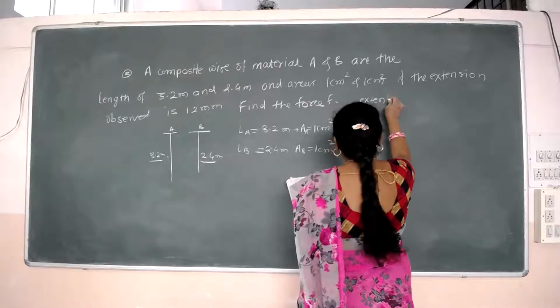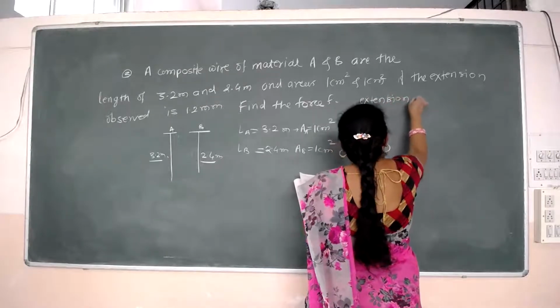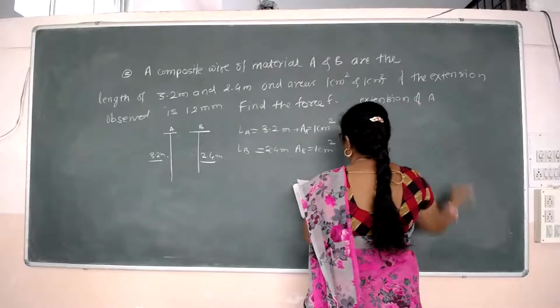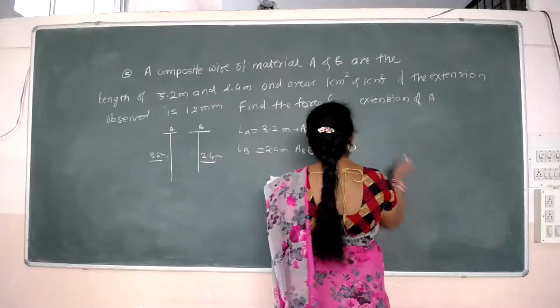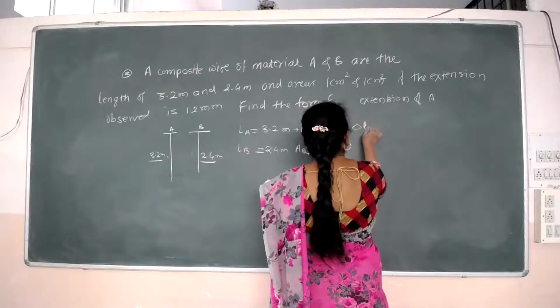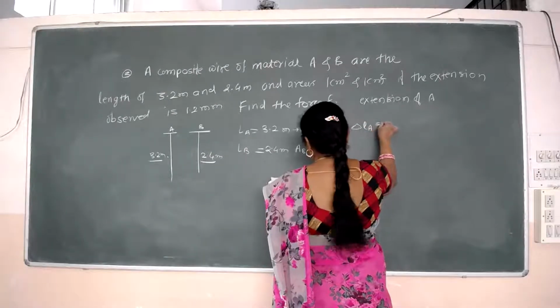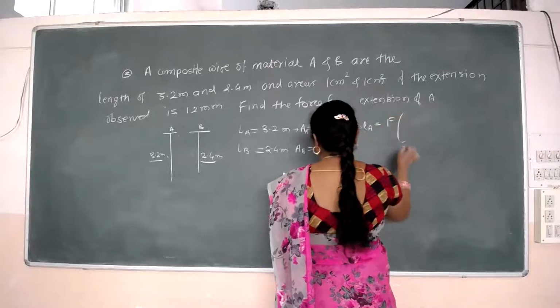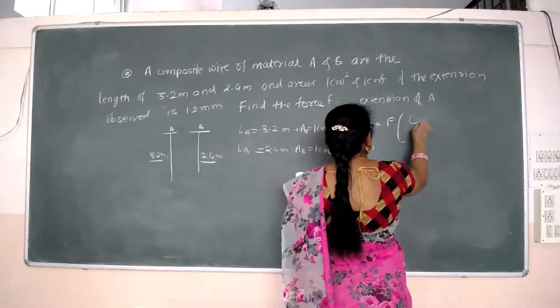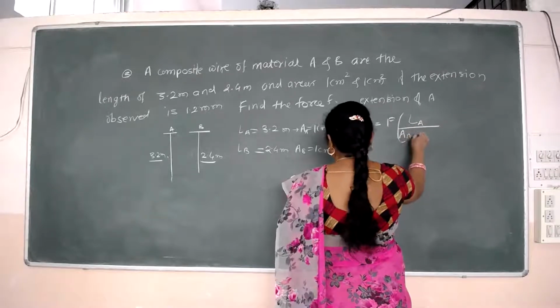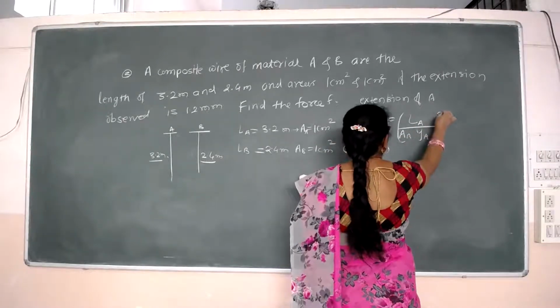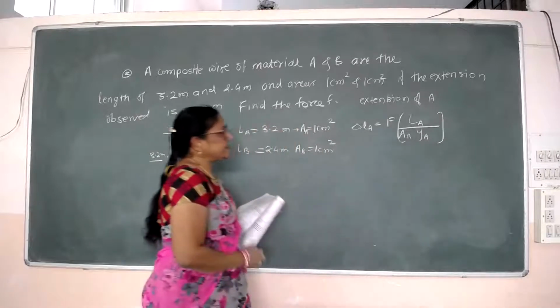So let the individual extension of wire A be delta LA, the change in length, which is equal to force into original length of A divided by area of A into the Young's modulus of A. So this is a related formula.